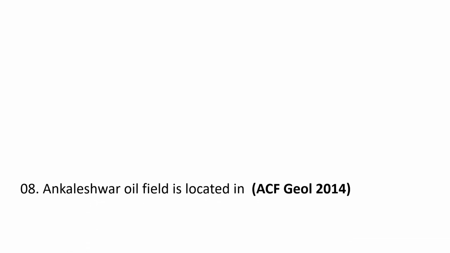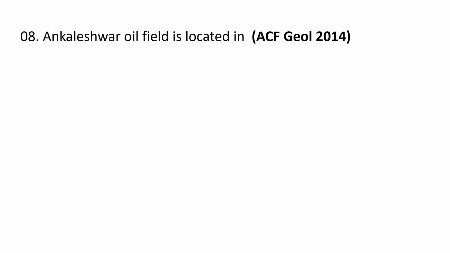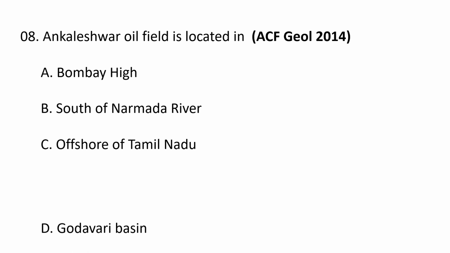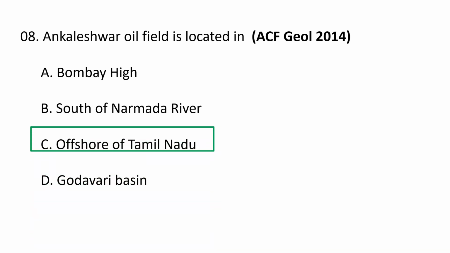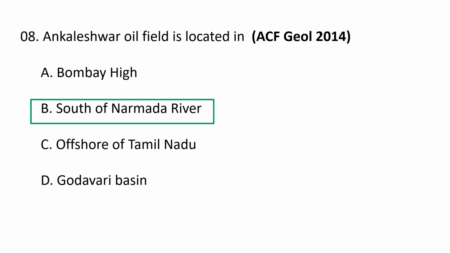Next question. Ankleshwar oil field is located in. The choices are A, Bombay High, B, south of Narmada River, C, offshore of Tamil Nadu, D, Godavari Basin. Ankleshwar oil field is located south of the Narmada River.